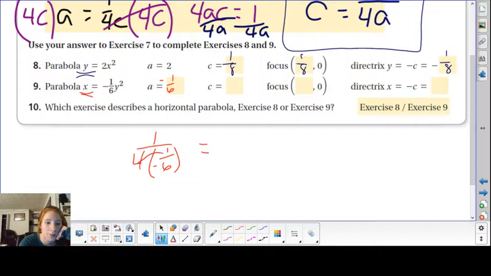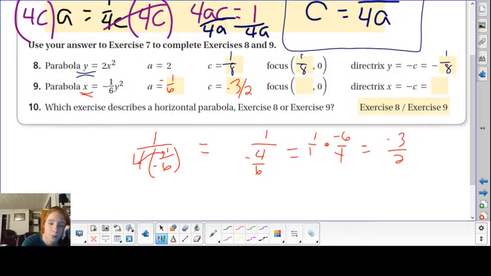Multiply a whole number times a fraction: you take the whole number times the top. I have fraction over fraction, so I flip and multiply the second one, which will reduce down to a negative 3/2, or a negative 1.5, same thing. Since my focus is already negative, when I make it opposite, it's going to be positive.